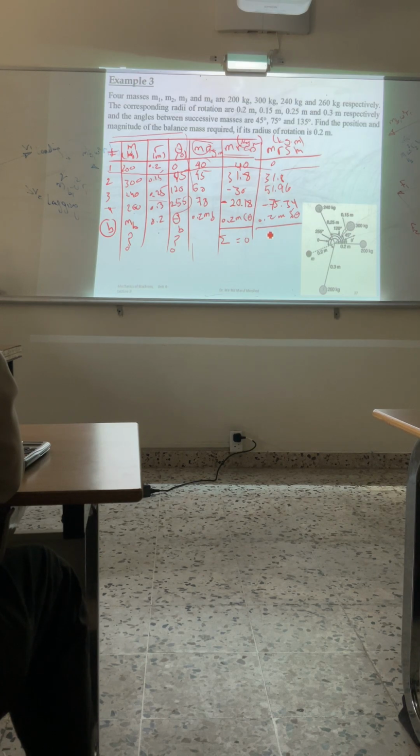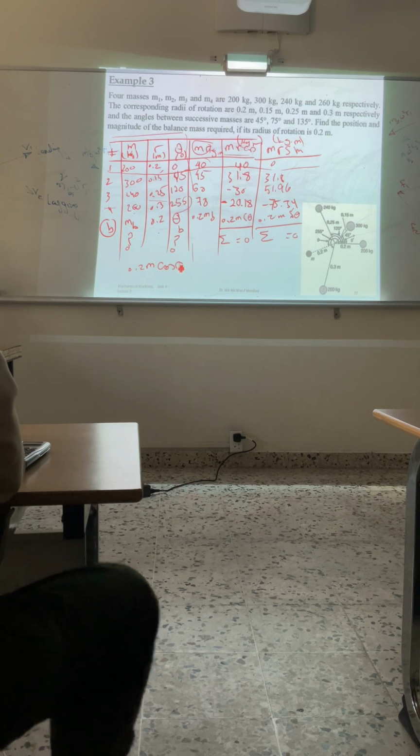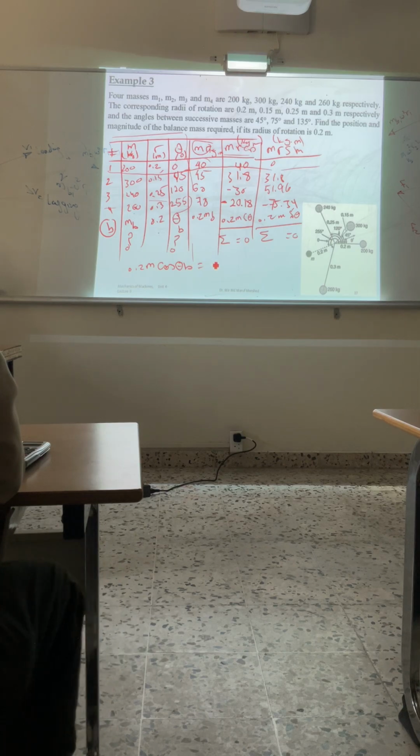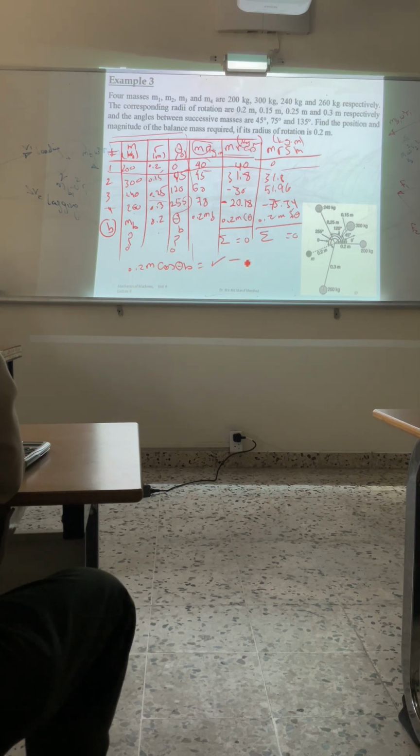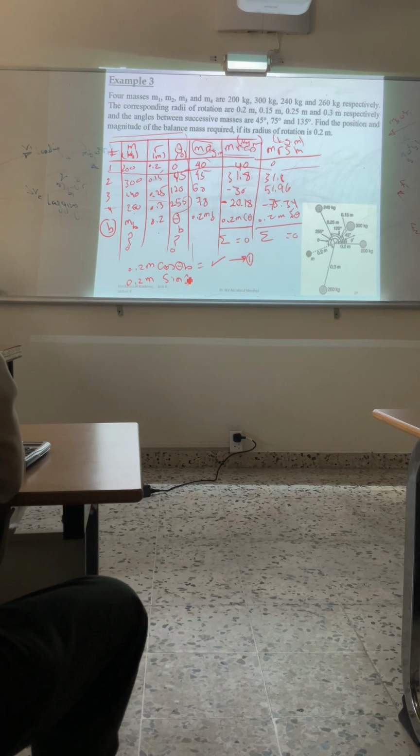And you add up this one, summation, and then you will end up having 0.2 times M times cosine theta balance equal to some number. And this is equation number 1. And then you have 0.2 times M times sine theta balance equal to, let's call it constant C2, and the constant C1.